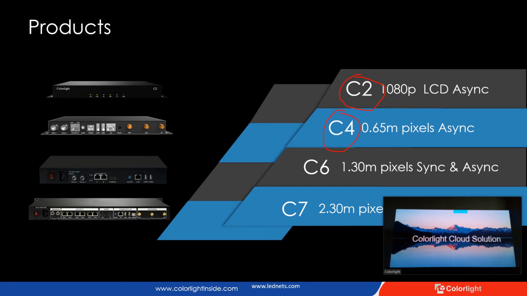The C4 got the 650,000 pixels loading capacity. And if it is a big screen, then we could use a C6 or C7. The C6 can do 1.3 million pixels, and the C7, it can do 2.3 million pixels. You can choose them accordingly.